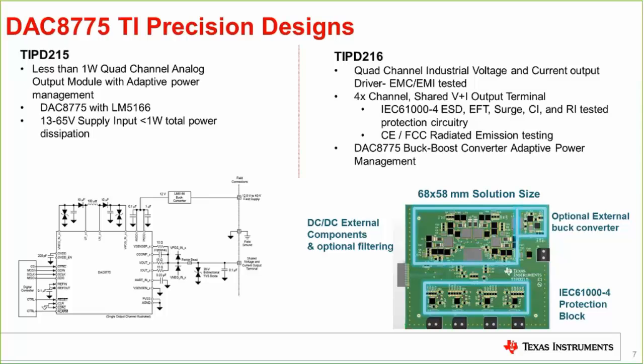I'm making some assumptions as to the robust needs of the IEC 61000-4 protection block, but altogether the protection circuit, the supporting DC-DC components and the DAC itself consume about 68 by 58 millimeters, which is about the size maybe of 2/3 of a cigarette pack or maybe a big business card.